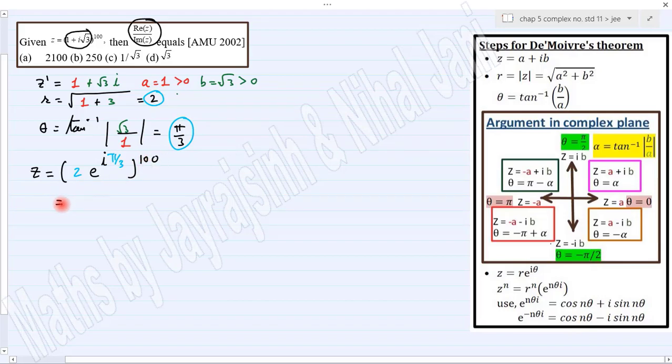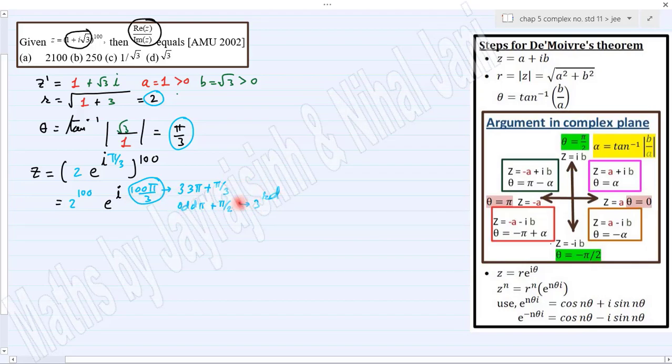If we give individual power, we will get 2 raised to 100 and e raised to i times 100 pi by 3, or we can say 33 pi plus pi by 3, or we can say odd pi plus pi by 3, which is in the third quadrant.